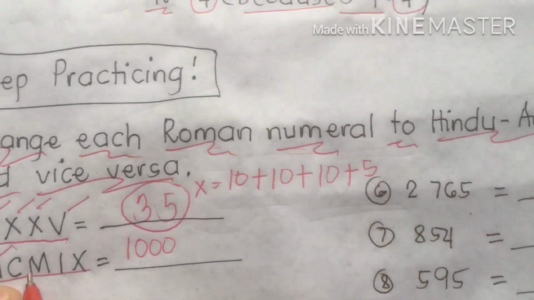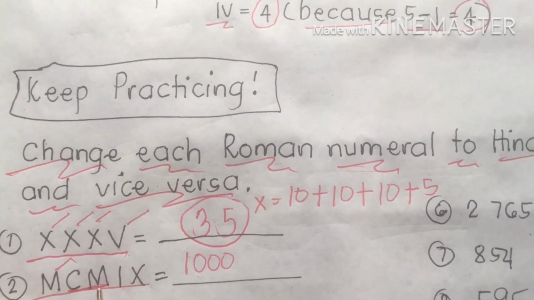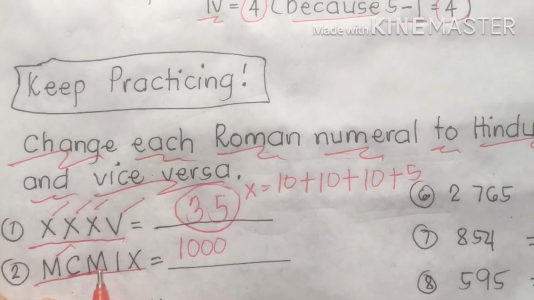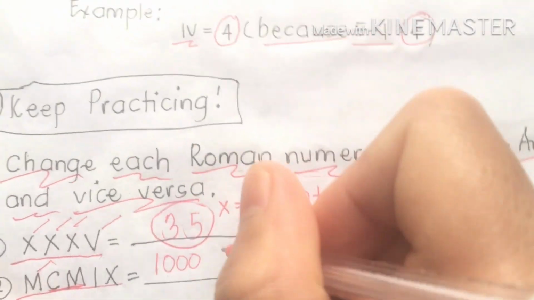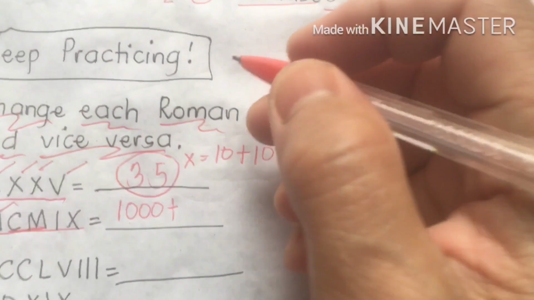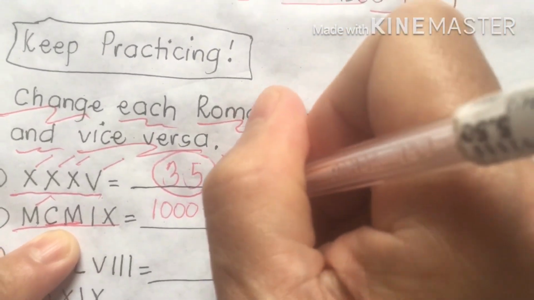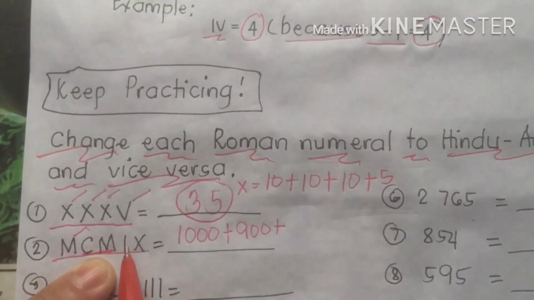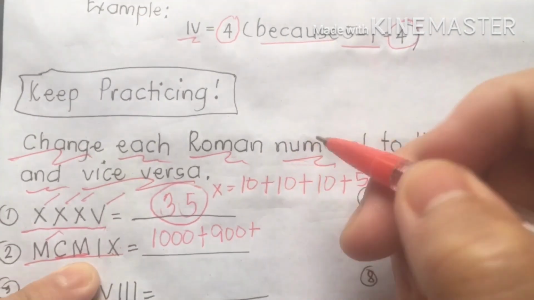Class, so C and M, remember, lesser value then greater value, so we're going to subtract 100 from 1000. 1000 minus 100, so we have 900, class, plus I and X, this is 1 and this is 10, so we have 9.